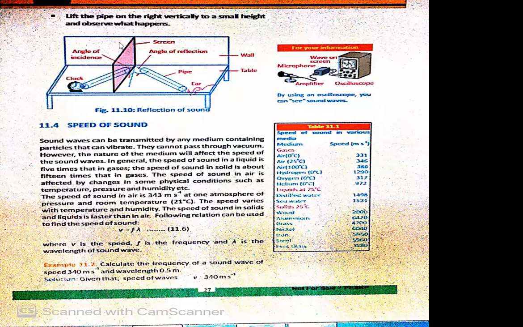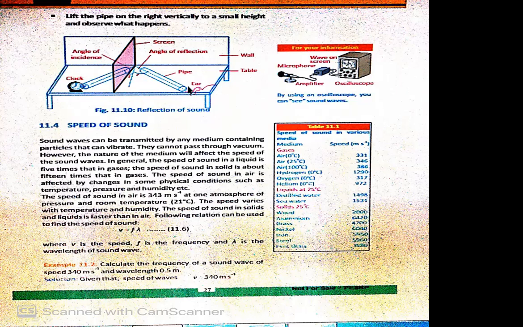This is the screen. The angle on this side is the angle of incidence, and on the other side, this is called the angle of reflection. As I have already told you, what the angle of incidence and the angle of reflection are, right? So this is lying on the table.